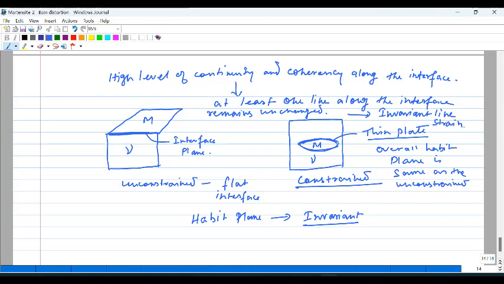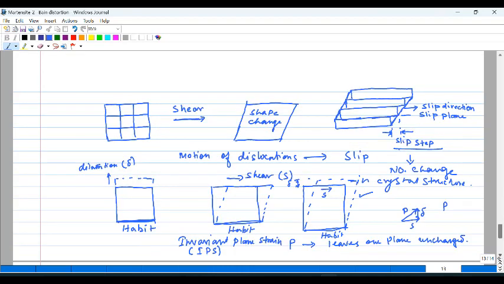Another term that we get introduced to here, that is invariant line strain, ILS. Okay. But remember what I said before. I said, the habit plane remains unchanged.